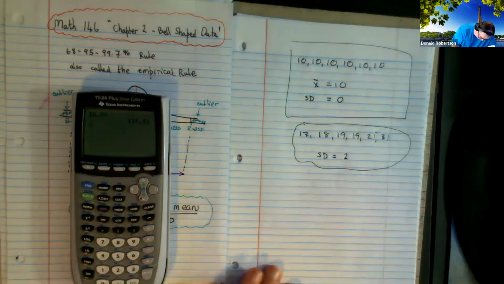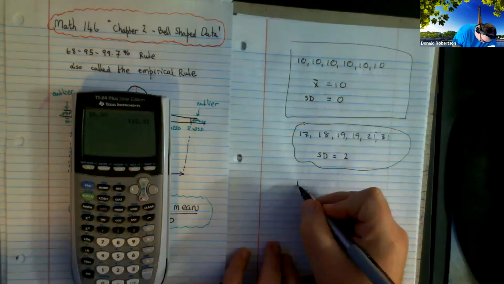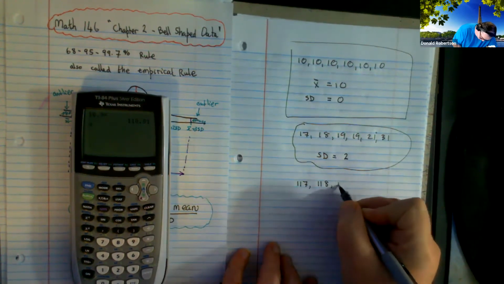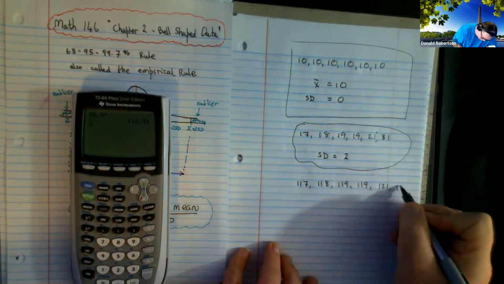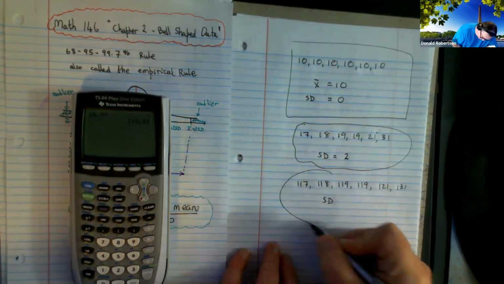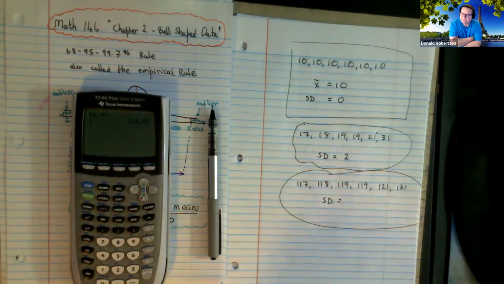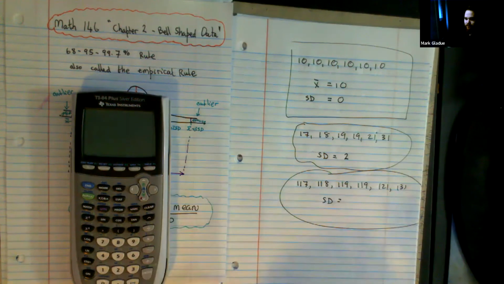If I take this set of data and I know the standard deviation is 2, you can tell me what the standard deviation of this set of data is without going near a calculator. What do you think? 2 as well. Yes, it is.